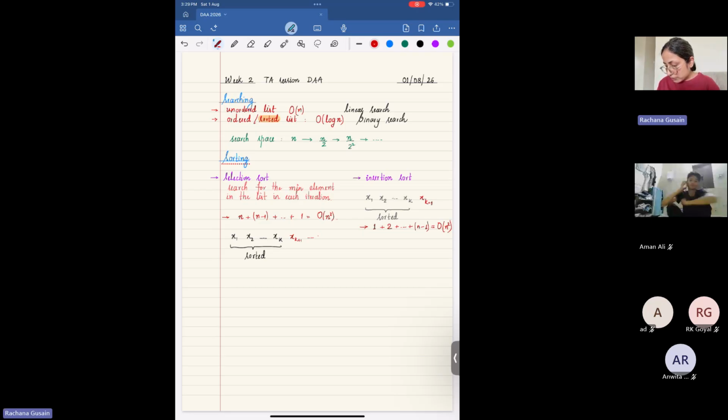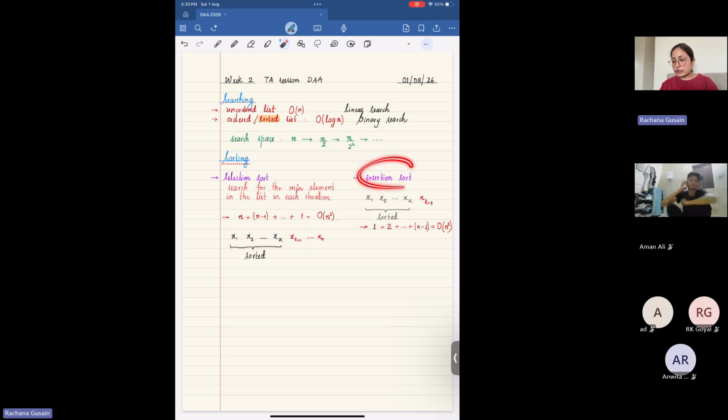Xk plus 1 up to xn. After each iteration, we want this sorted list to grow by 1. Once I have that this part is sorted, then after the next iteration, I want the first k plus 1 elements to be sorted.